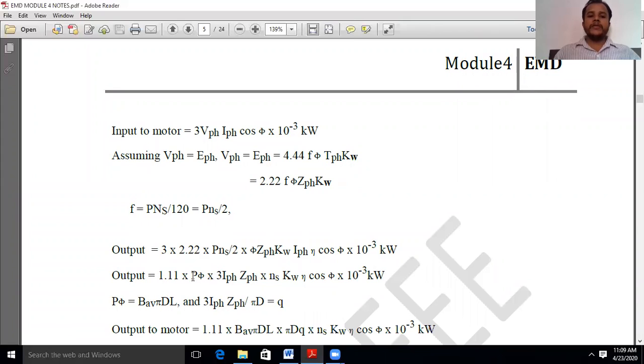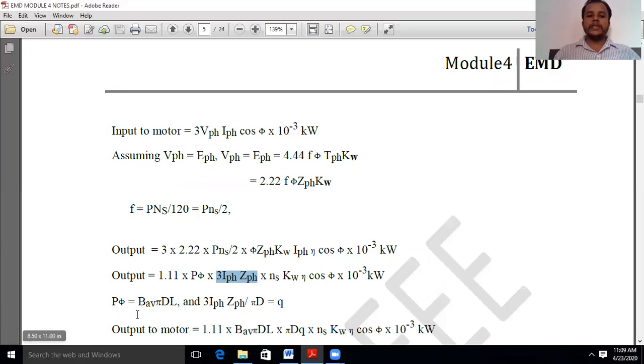Now here, the term P phi is given by Bav pi D L, and 3 I phase Z phase divided by pi D is equal to q.